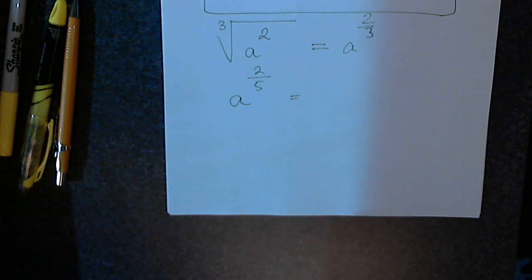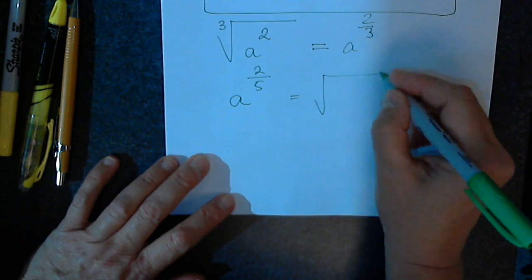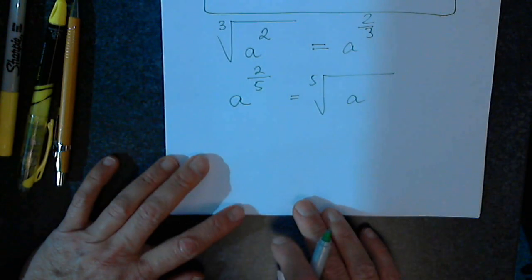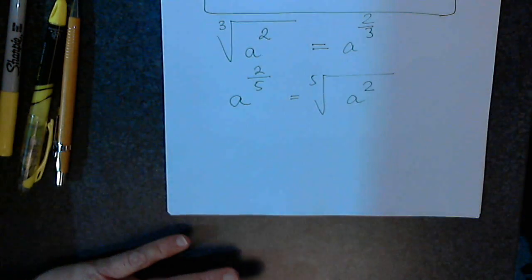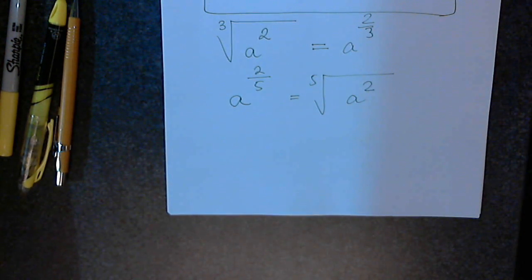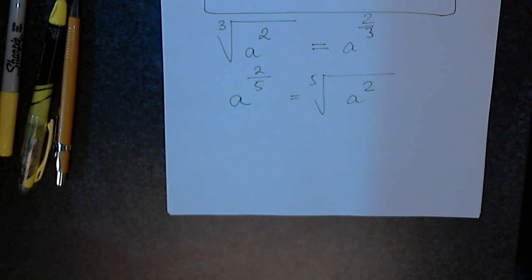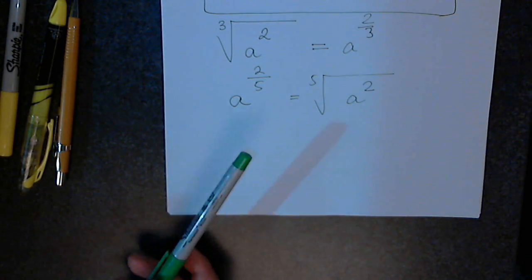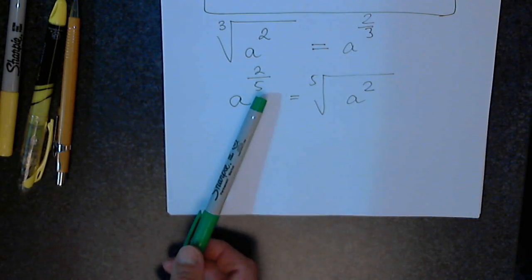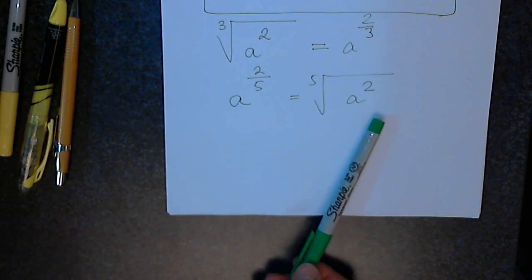Which root, which index? The fifth root of a raised to the second power. So we notice that any radical can be changed into an exponential notation as long as, and remember, the power must be a fraction. And if I'm given an exponential notation with a power that is a fraction, I can change it into a root.